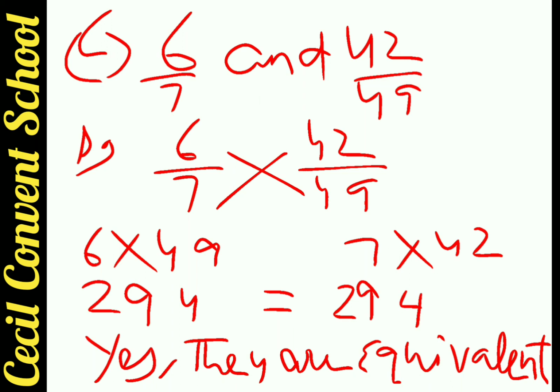Now you see 6 by 7 and 42 by 49, we will do cross multiply. Means 6 you have to multiply by 49 and 42 you have to multiply by 7. When you multiply 6 and 49, you get 294, and when you multiply 42 by 7, you get again 294. Means both numbers are equal. Then you write yes, they are equivalent fractions.